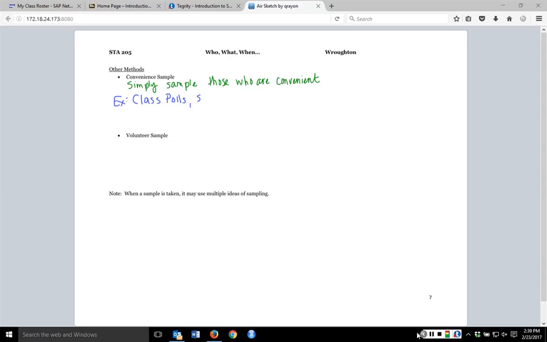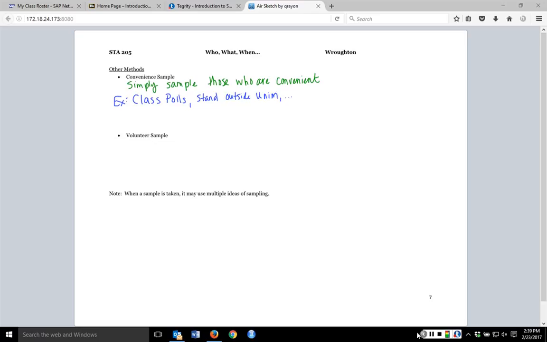I could stand outside the union and ask people questions. Those are a couple of examples of what a convenient sample would be. Now what I need to worry about is what I'm asking, to know if that's really a strong bias I need to be worried about.